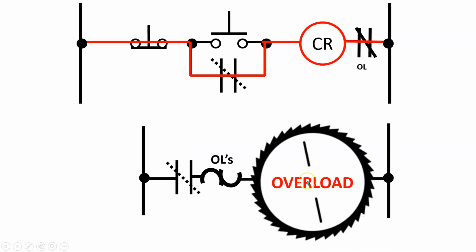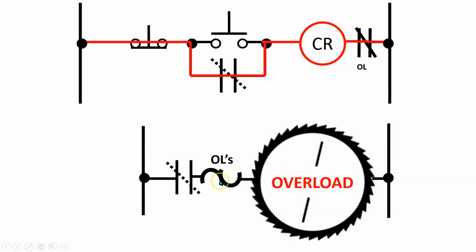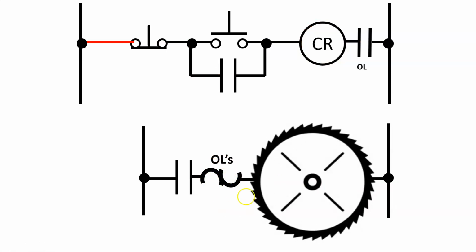Then I have my motor being overloaded, something's happening. The motor's not happy, it's drawing too much current. That current is then going through the overloads. The overloads are then going to trip out the overload contacts in my control circuit, opening them up, and that's going to kill the current going to the coil, allowing my armature to move back to the original position, opening up these contacts down here, and turning off my motor.